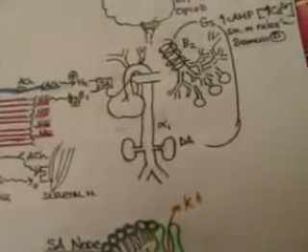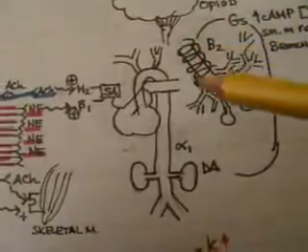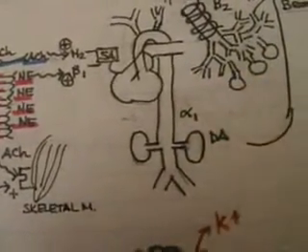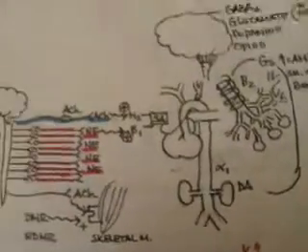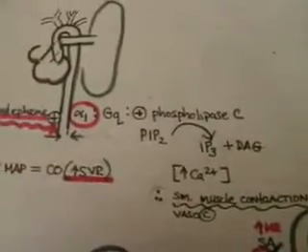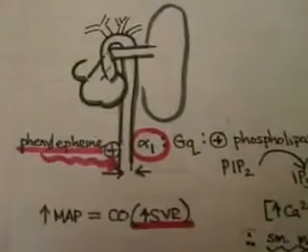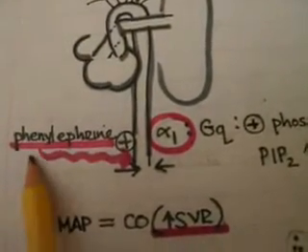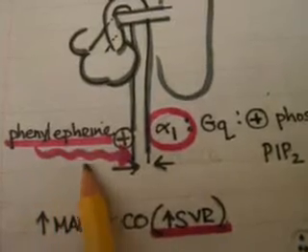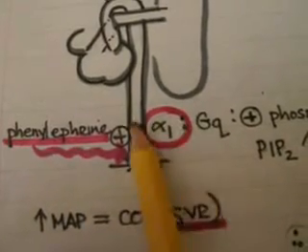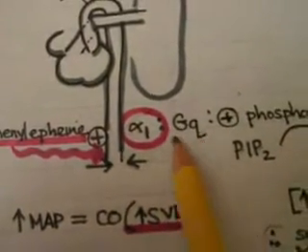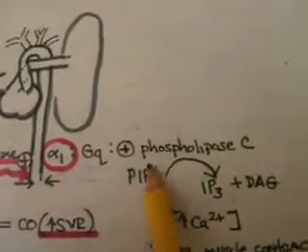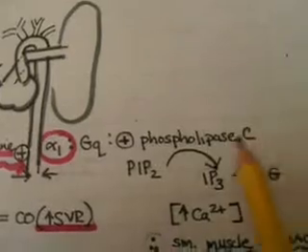The next thing we'll talk about are the adrenergic receptors. For example, the alpha-1 receptor generally has the effect of influence on the vascular smooth muscles. So for example, phenylephrine happens to be the alpha-1 agonist. So when phenylephrine is given, that stimulates the alpha-1 receptor, which therefore stimulates the Gq protein, and that activates the phospholipase C enzyme.